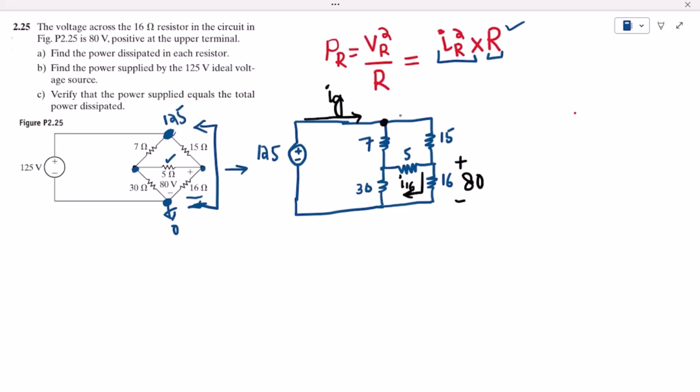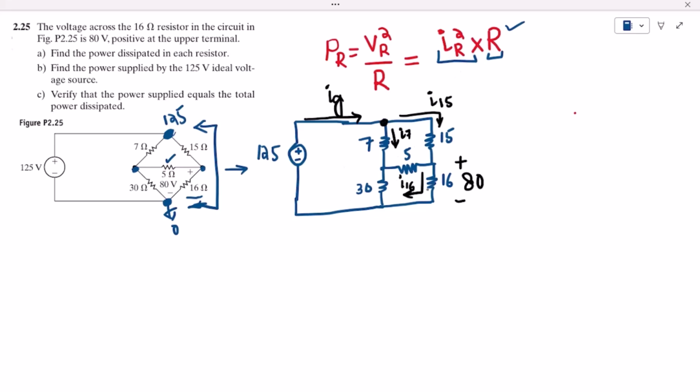Okay, this splits into two currents. The first one is I15, which is flowing through this 15 ohm resistor, and the second one is I7, which is flowing through this 7 ohm resistor. Okay, and by going through all of this we will find out the values of I_R from this circuit, and then we will apply this formula.